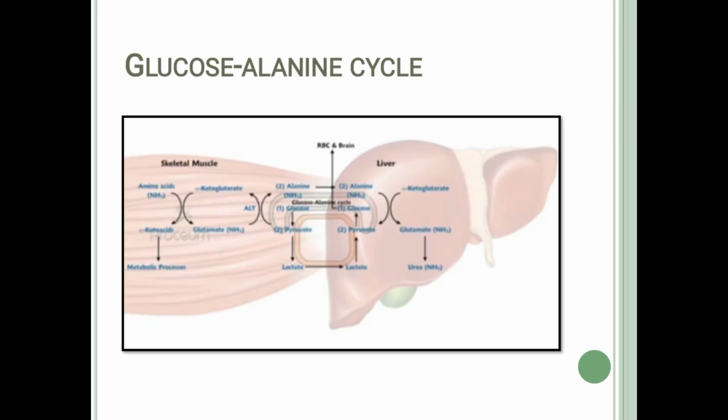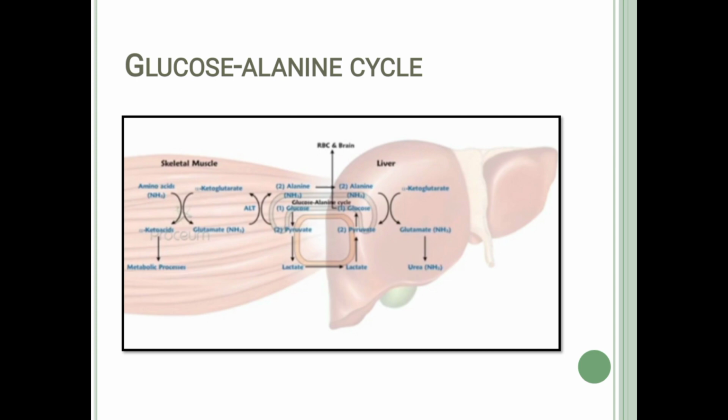Let's understand what exactly the glucose alanine cycle is. Amino acids coming out of skeletal muscle proteolysis undergo a transamination reaction with alpha ketoglutarate to make glutamate.